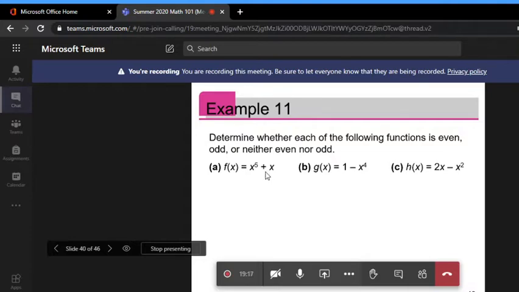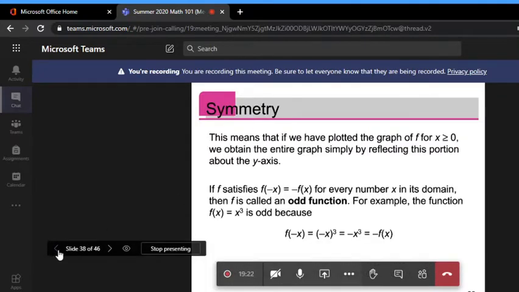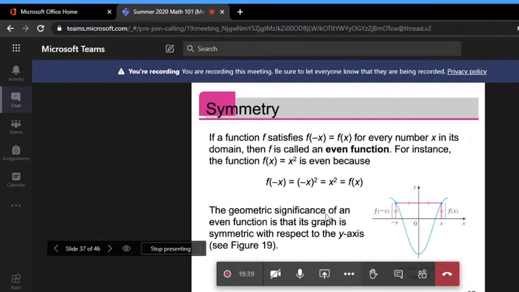We won't be able to draw the graphs of these, so we are going to go back to the definition. If we could draw them, we could just look at the picture: symmetric with respect to the y-axis means even, and symmetric with respect to the origin means odd. However, we don't have that choice, so we have another tool, which is the algebraic tool.